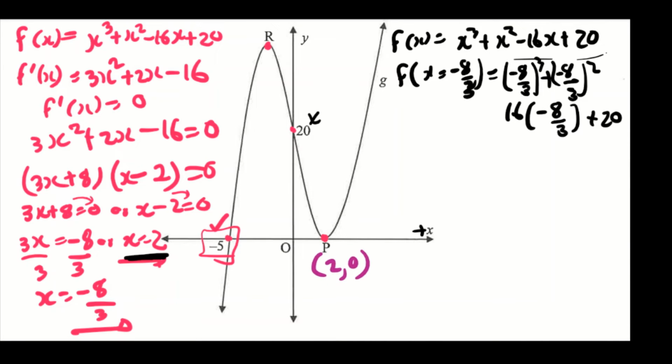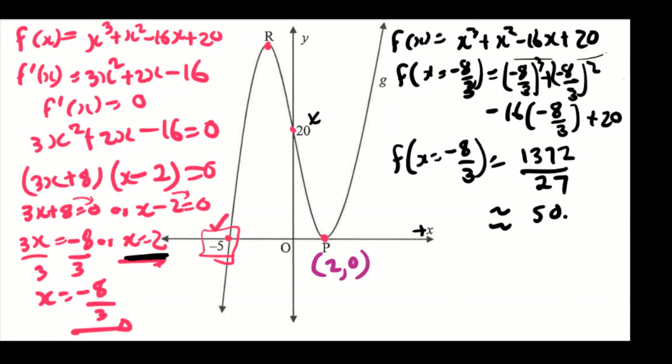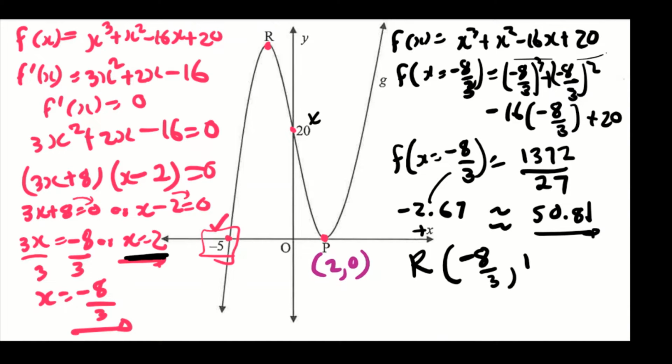So you plug in everything inside your calculator, you should get f of minus 8 over 3 equals 1372 over 27, which is basically 50.81, right? Cool. So that is our coordinate of R, which is minus 8 over 3 and 1372 over 27. So that is our turning point of R, this one here.